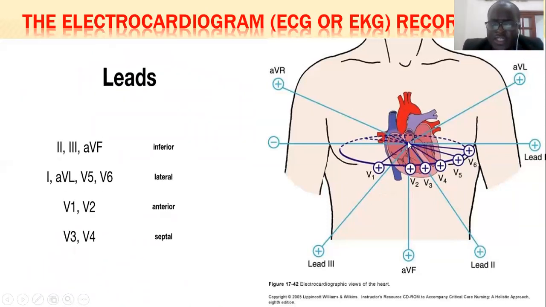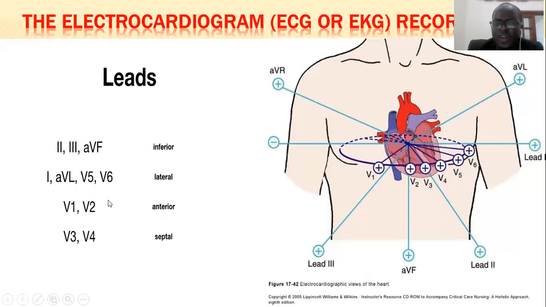So these 12 leads are further divided into groups depending on which aspect of the heart you are looking at. From this diagram, you'll be able to group these leads depending on which part of the heart they are assessing.